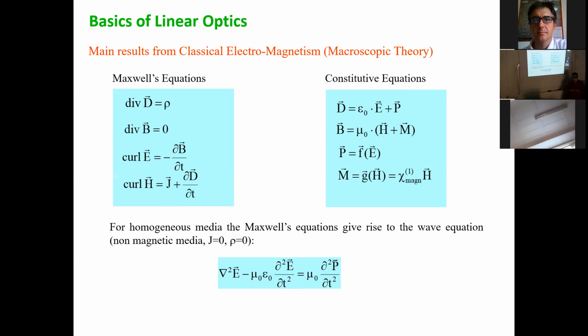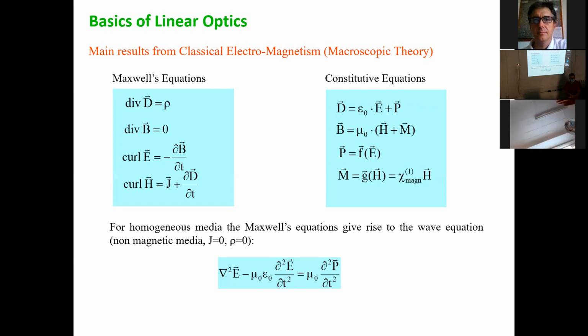So as a matter of fact, if a wave is getting inside a medium, it is exciting the medium. Part of the energy of the electromagnetic wave will become kinetic energy of the charges. The charges will move. Since they move and oscillate, they will radiate field. And this field that is radiated will be superimposed to the original field.